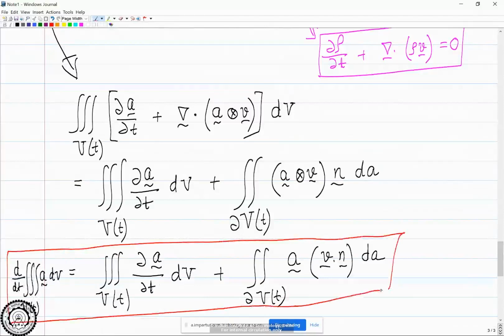We have proved it for vectors, but you could see that in the entire derivation, you could have easily replaced A with scalar, vector, tensor, anything. And you see it's a general theorem, a general proof. The domain could be arbitrary, need not be cubic.